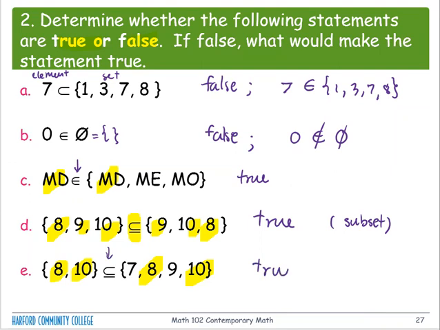This is another true statement. And this one can also be true. The statement that the set containing 8 and 10 is a proper subset of the set containing 7, 8, 9, 10 is true because the left-hand side set is smaller than the right-hand side set.